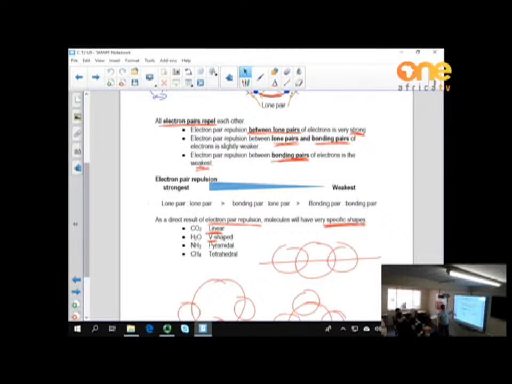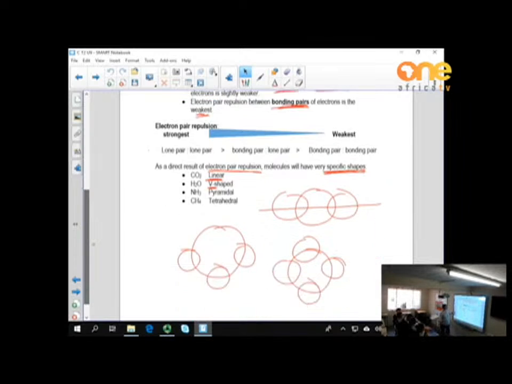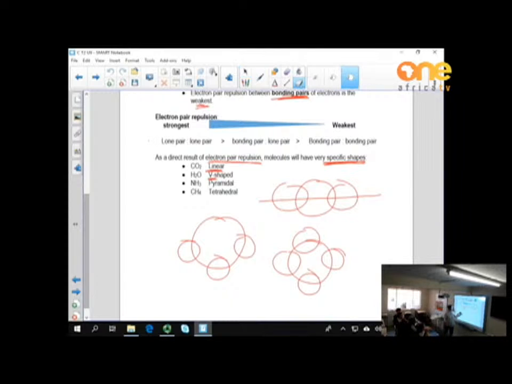We then said that lone pair repulsion is the strongest, bonding pair is the weakest.